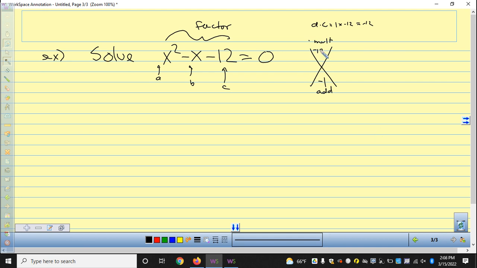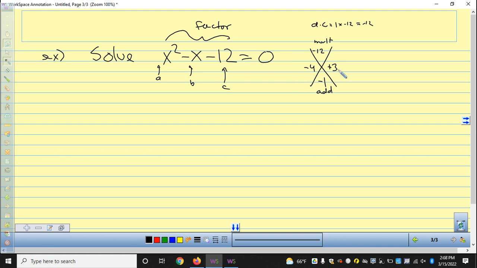I'm going to think to myself here, well, to get two numbers to multiply to a negative number, one of those numbers is going to have to be positive, and one is going to be negative. So my factors of 12 that add to negative 1 are going to be negative 4 and positive 3.